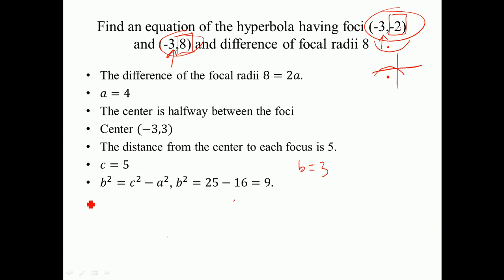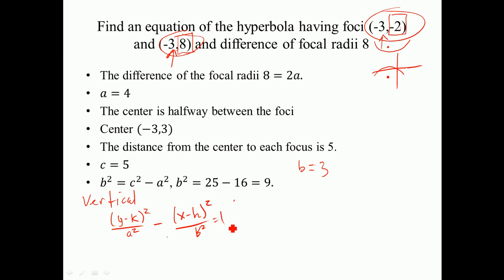Now, since we're dealing with a vertical hyperbola, did I say parabola last time? I'm sorry. Since it's vertical, the y term comes first. So you're dealing with (y minus k) squared over a squared minus (x minus h) squared over b squared equals 1. That's the one we're dealing with.